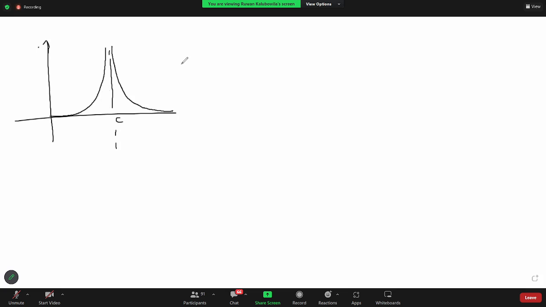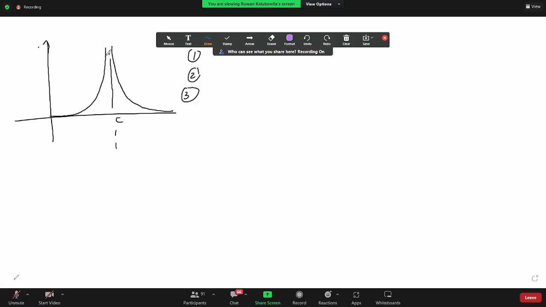Let's consider two statements. Let's check this one first. Now tell me whether f(c) is defined or not. Is the first statement true or false according to this curve? False. Yes, false.